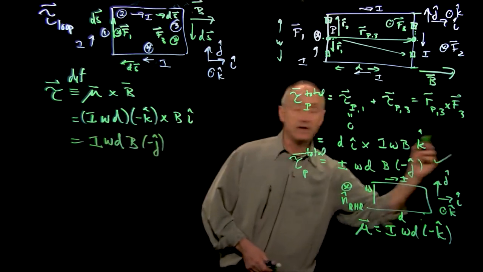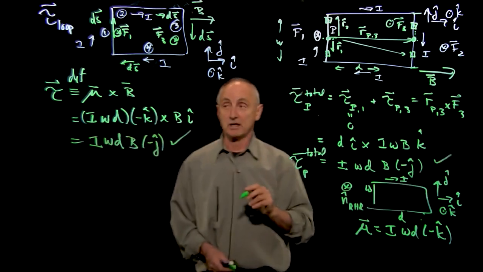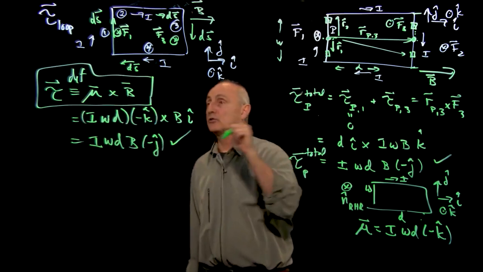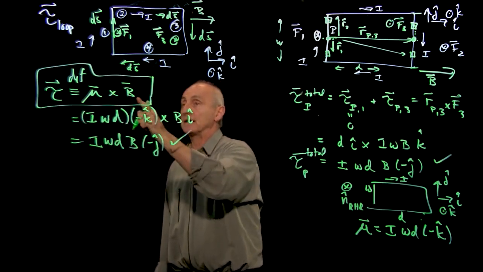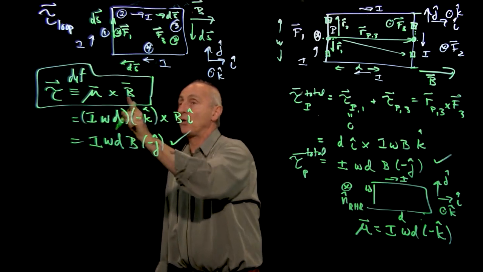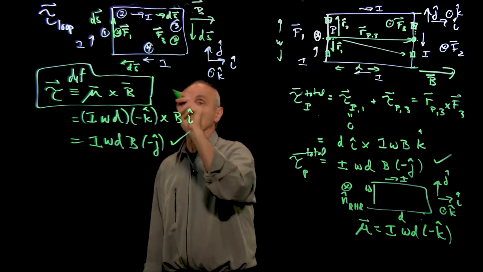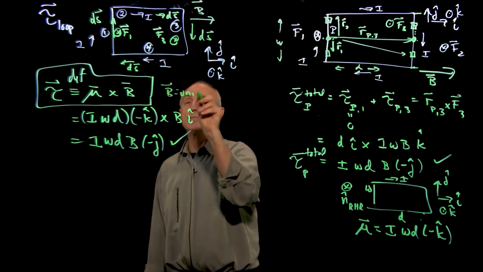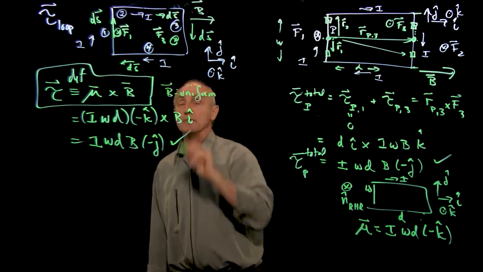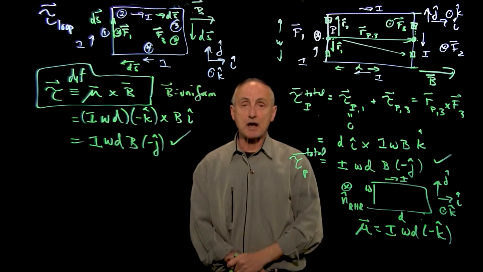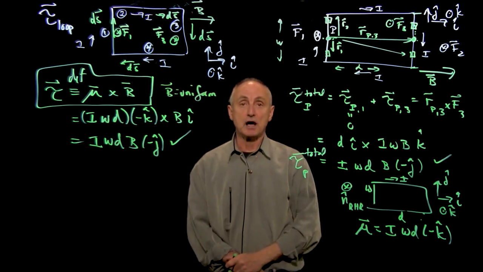And that's exactly what we calculated. So this is the torque on a current loop in a uniform magnetic field, and we refer to it as a torque on a magnetic dipole in a uniform magnetic field. So here for this calculation, B was uniform, and that's how we made this calculation. So that's our first calculation about torques on a dipole.